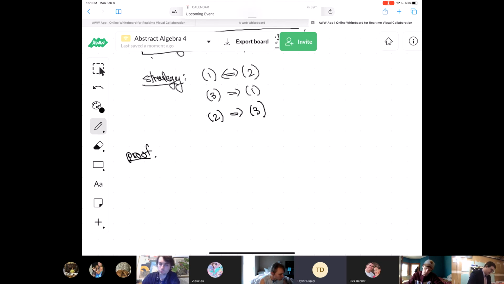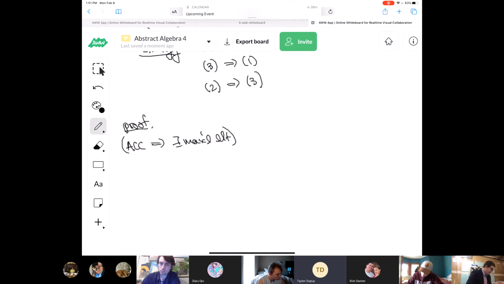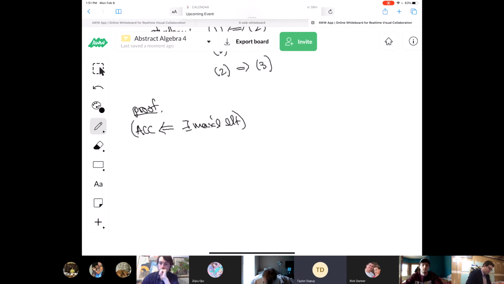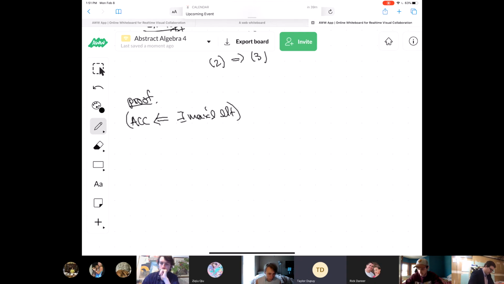We're going to show that ACC implies there exists a maximal element. Actually, let's do it the other way first. What we're going to do is start with an ascending chain, and then we're going to show that it terminates.